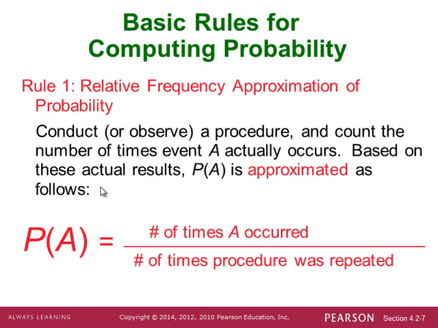Now, there are 3 different ways that we're going to talk about to determine, to calculate the probability of an event. The first way is the relative frequency approximation of probability.